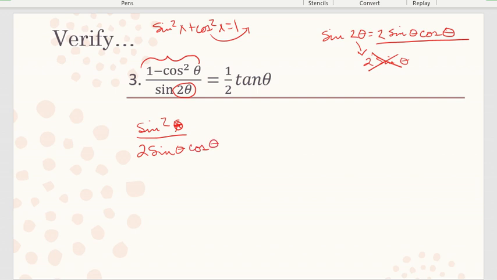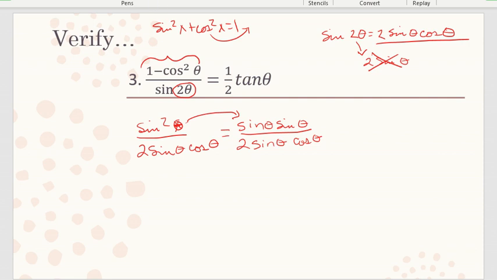All right, so from this I know that sine squared theta, it seems to help you all when I do this: sine squared means sine times sine over 2 sine theta cosine theta.